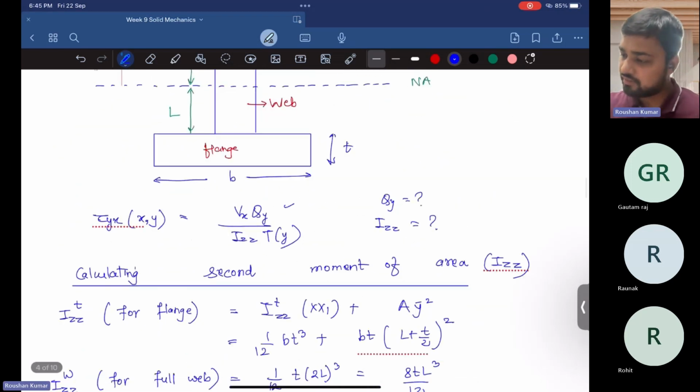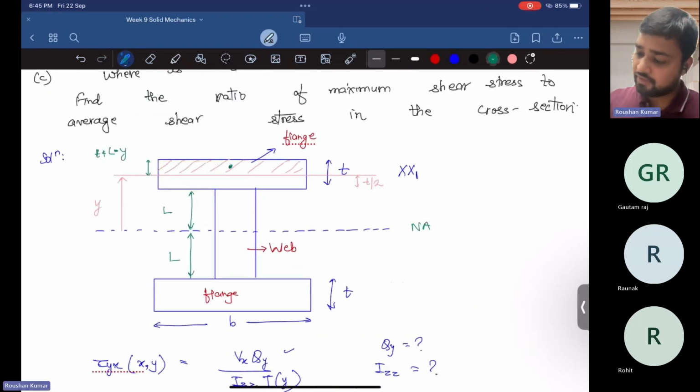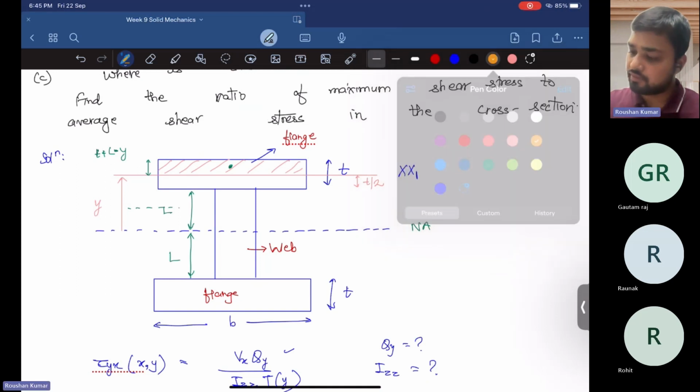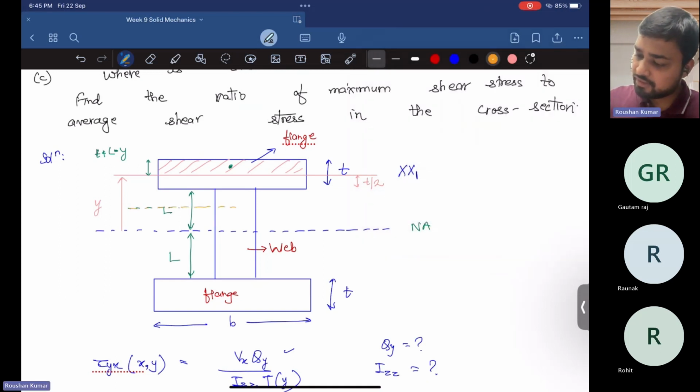So in that case, suppose we have to find the shear stress distribution. Yes, we have to find the shear stress distribution of this cross section.